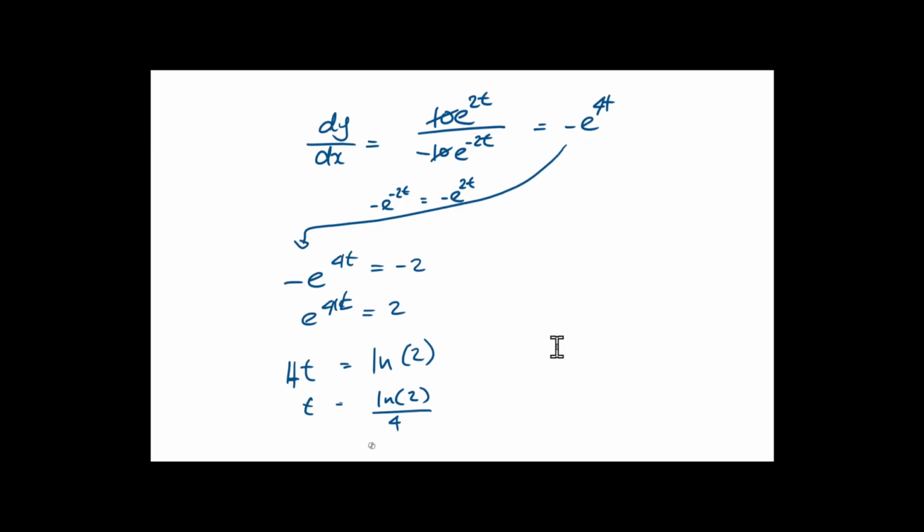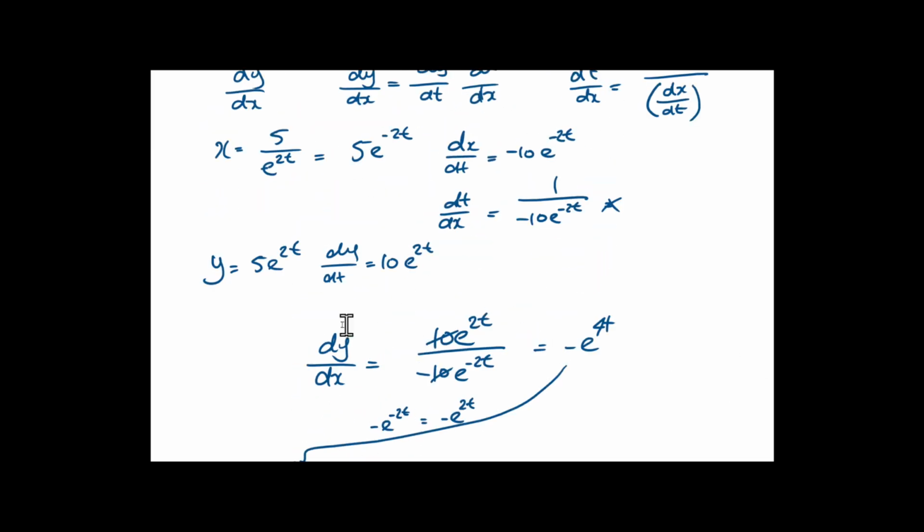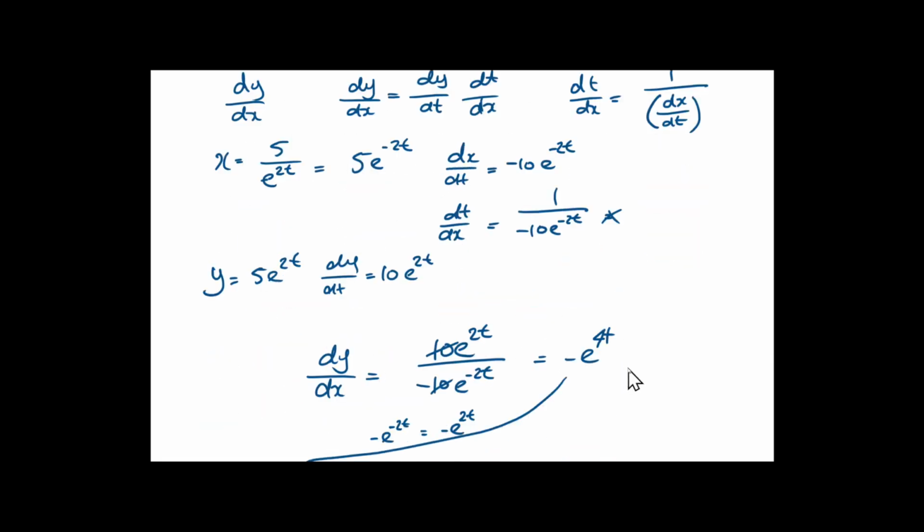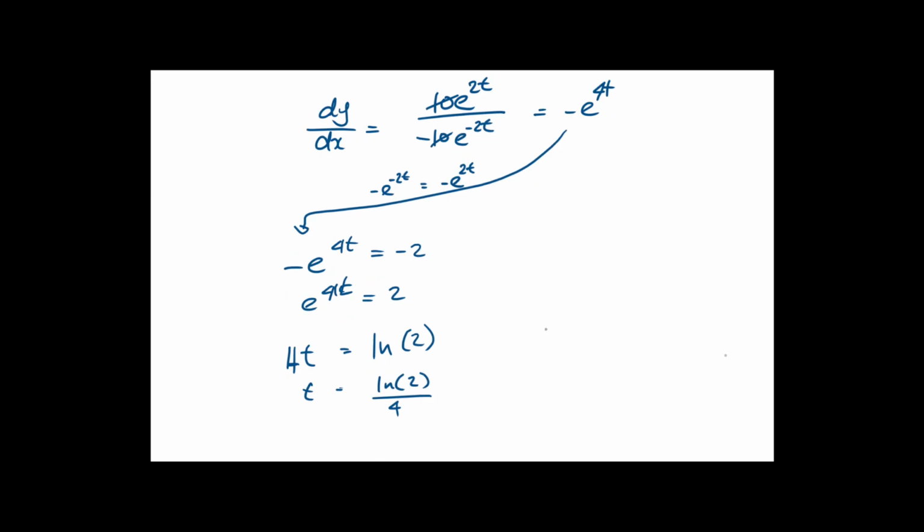Now that we know what t is, we can put it into the original equations here to find the coordinates. So x is 5 over e to the 2t.